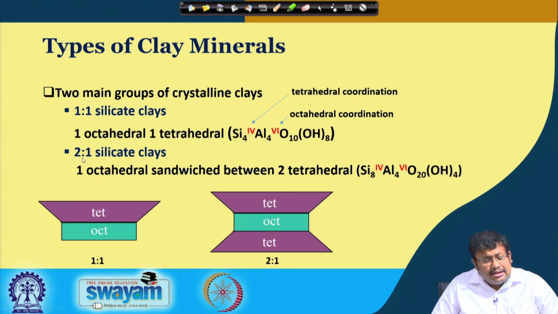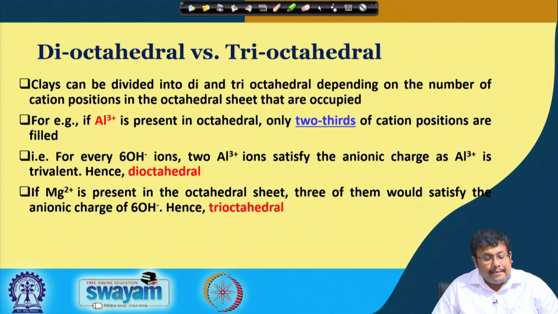And the 2:1 type of clay, where one octahedral sheet is sandwiched between two tetrahedral sheets, will get a formula like this, where the silica will show the tetrahedral coordination and aluminum will show the octahedral coordination. And this is the shorthand representation of the 1:1 and 2:1 type of mineral.